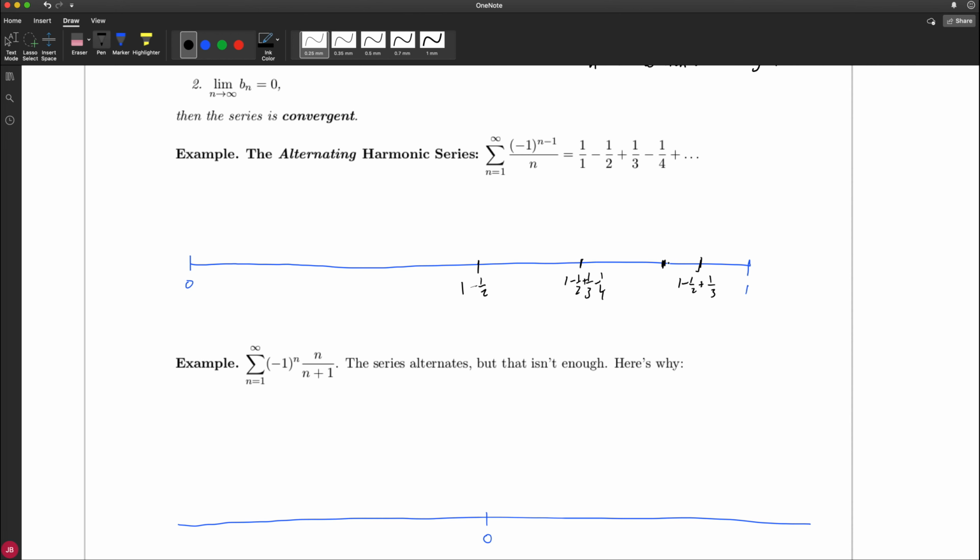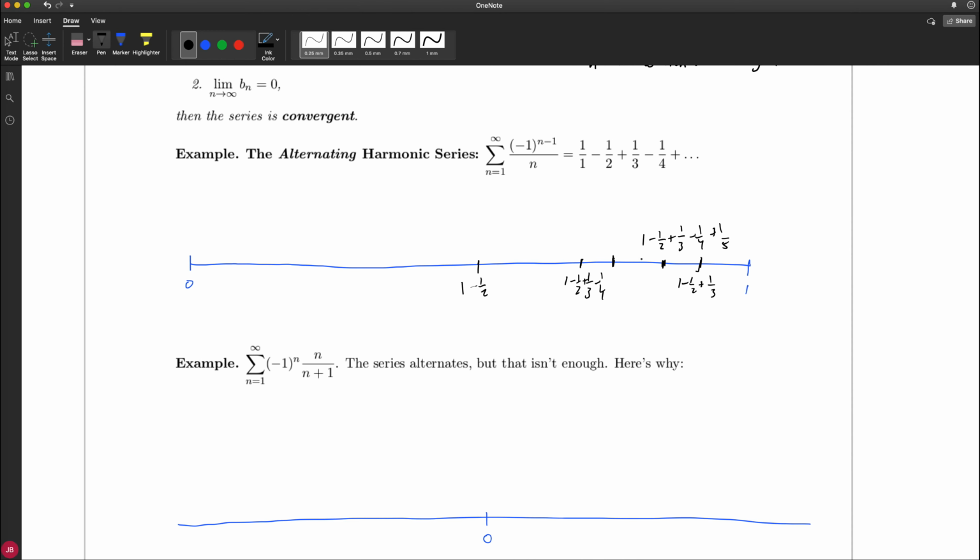You notice I'm never getting back to the last partial sum that I was at. So this is 1 minus 1/2 plus 1/3 minus 1/4 plus 1/5. Now I'm not going to keep writing because I'll run out of room, but I will put the tick marks. The next thing I get is all of this, but then minus 1/6. You'll notice this distance here is more than 1/6, so I don't go all the way back to this previous hash mark.